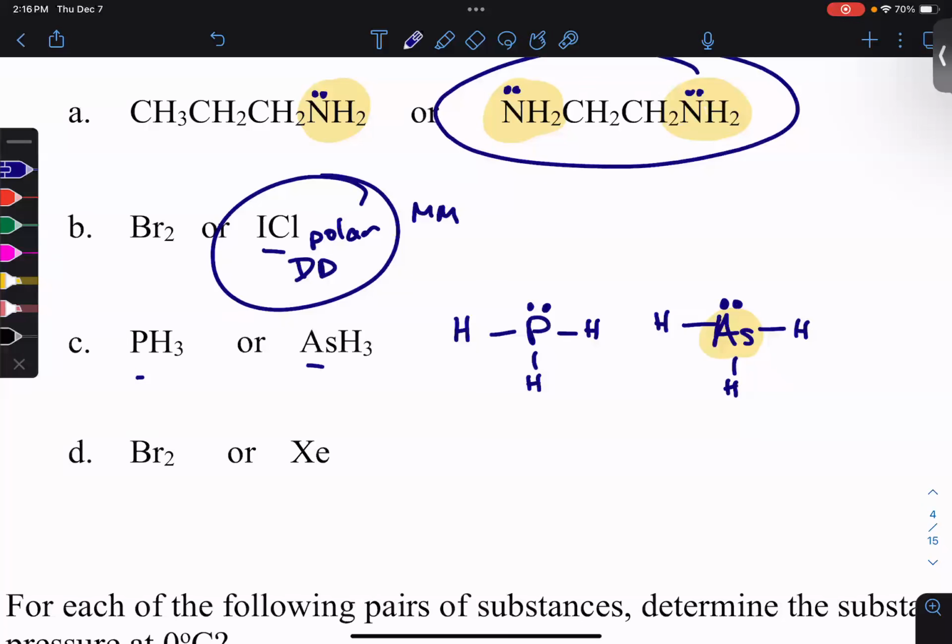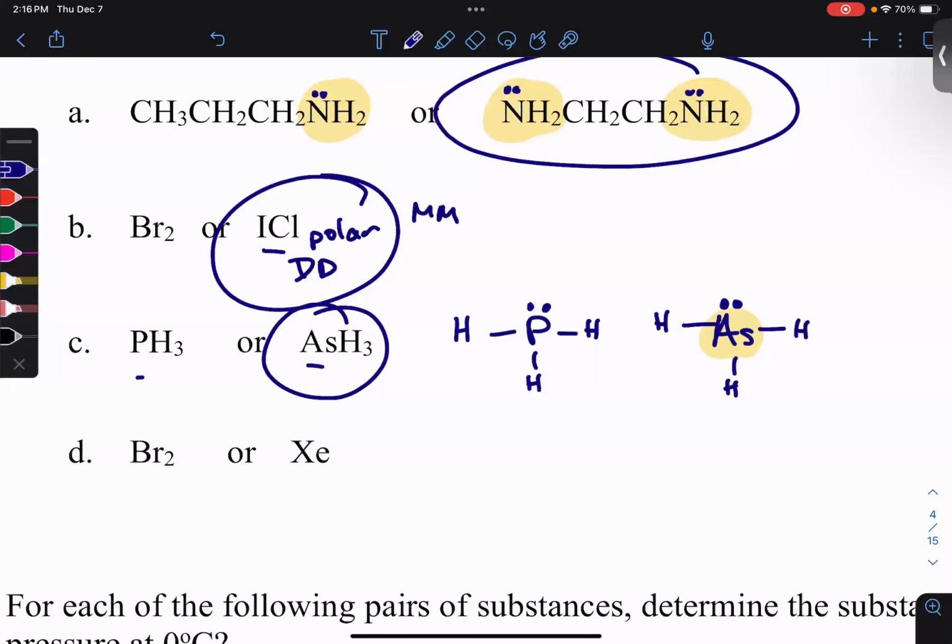Since both of them have the exact same electron and molecular geometry, and both are polar, I'm going to step down to comparing LDFs, and I recognize arsenic's a lot heavier. Over double the weight of phosphorus. So that one is going to have the higher boiling point temperature.